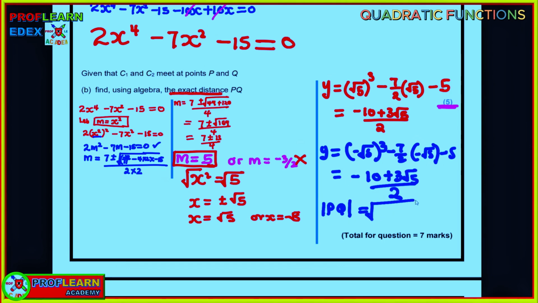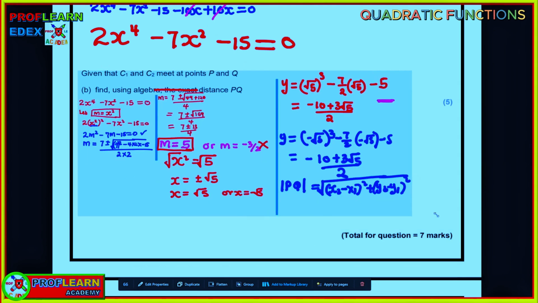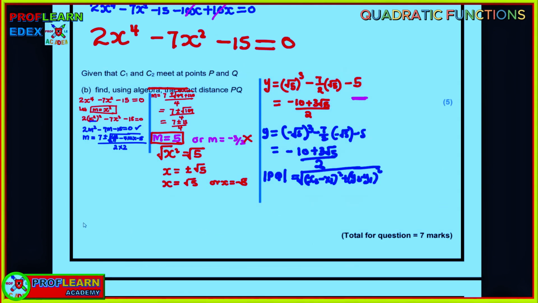is the square root of x2 minus x1 squared plus y2 minus y1 squared. If you put the coordinates the way they should be, the magnitude PQ will be obtained from this.